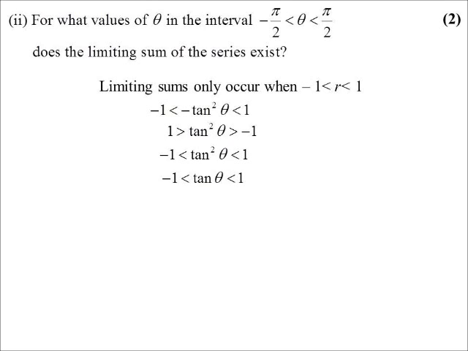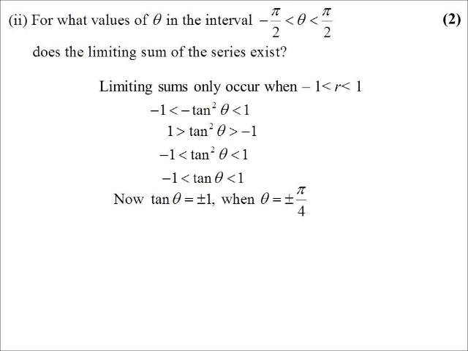So when is, divide everything by minus 1, but of course if you change the sign, you change the sign. So now it's 1 is greater than tan squared theta is greater, but that looks ugly. Oh look, we're back where we started from. Except now it's tan squared theta is in between minus 1 and 1. So if tan squared theta is in between minus 1 and 1, that means tan theta is in between minus 1 and 1.